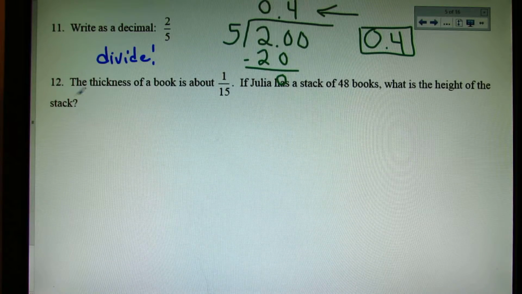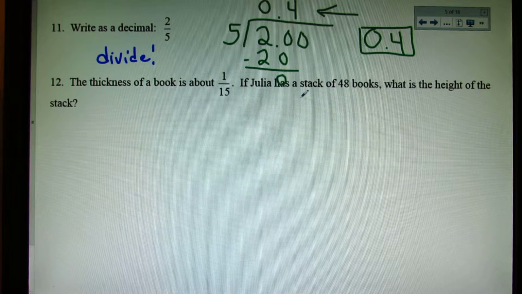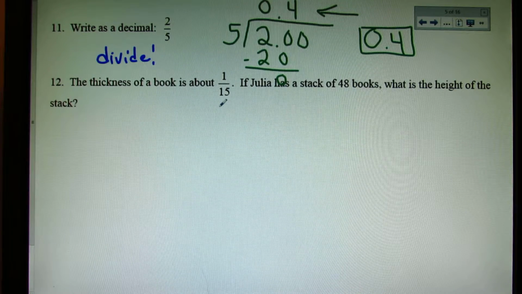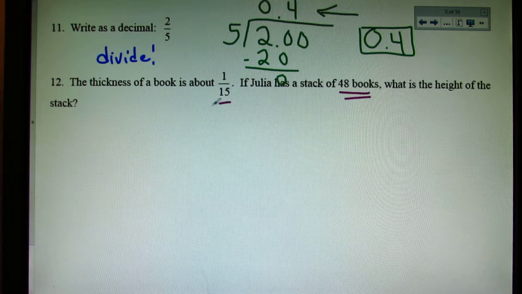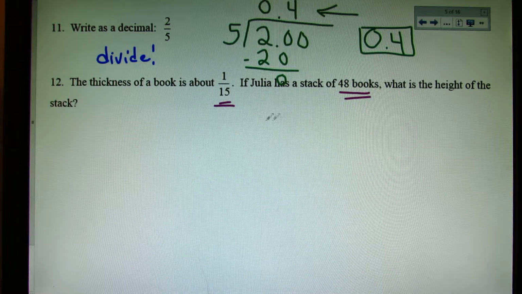Next one. The thickness of a book is 1/15. If Julia has a stack of 48 books, what is the height of the stack? Okay, well, the stack is 48 books. Each book is 1/15. Let's think about operations.